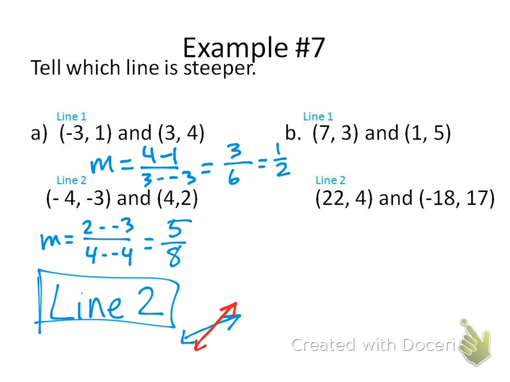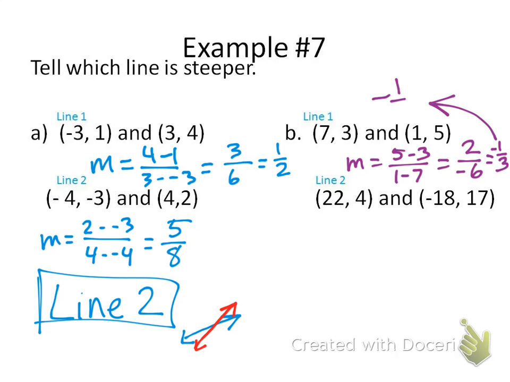Let's look at the next one. Again, I want to do change in y over change in x. Oh, that one went off the screen, sorry. I'm getting -1/3 on the first one.